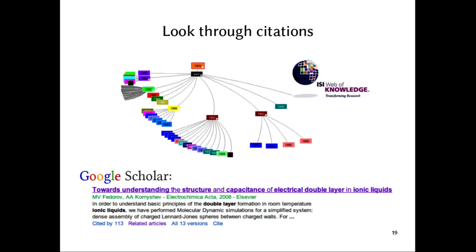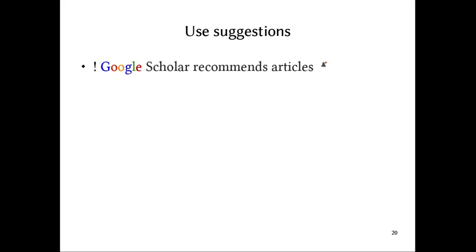If you search for an article, you will find a result which will be shown like this, and here on the bottom you will see cited by 113 other articles, or if you press on the related articles, Google Scholar will provide you some. Another way is to use suggestions. For example, Google Scholar recommends articles.